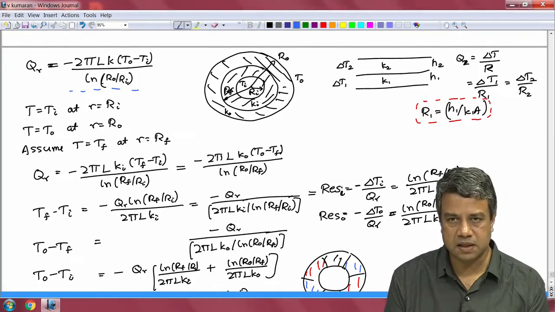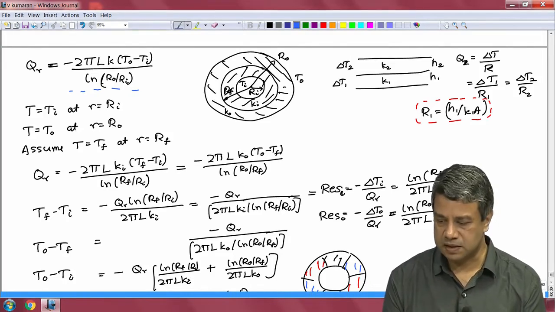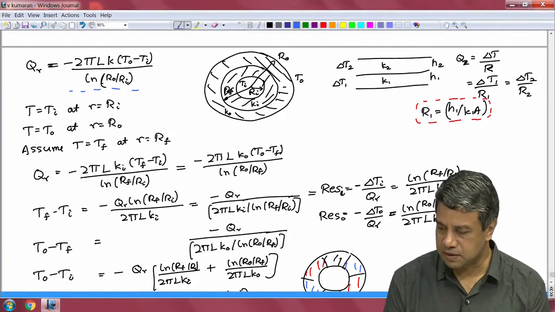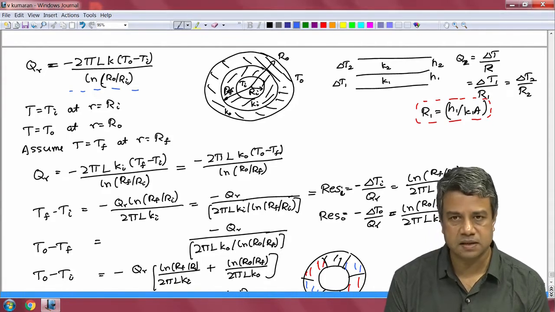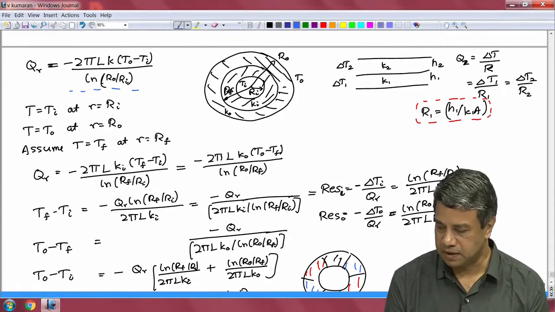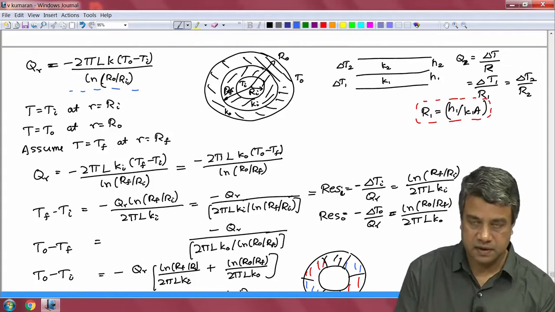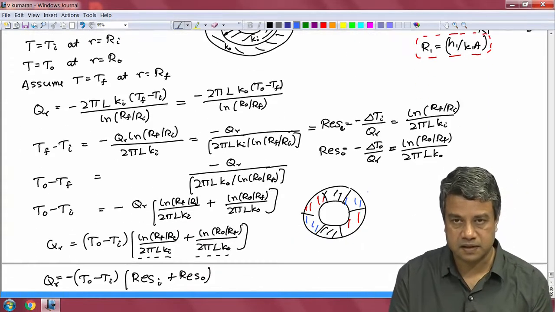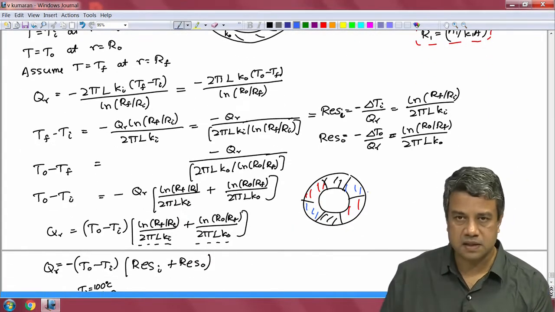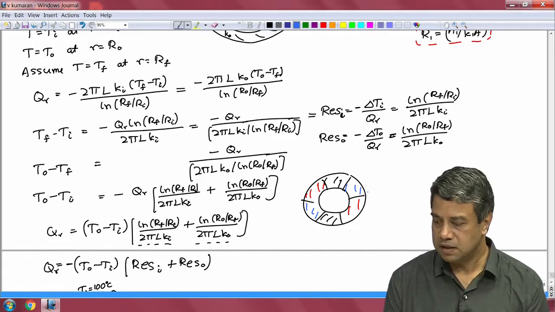The change in temperature across the inner tube, delta Ti by Qr, is the resistance of the inner tube, and for the outer tube it is delta T of the outer tube divided by the heat transfer rate. Note that this is the heat transfer rate, it is not the heat flux. The heat flux does depend upon the radius. The heat transfer rate does not depend upon the radius.